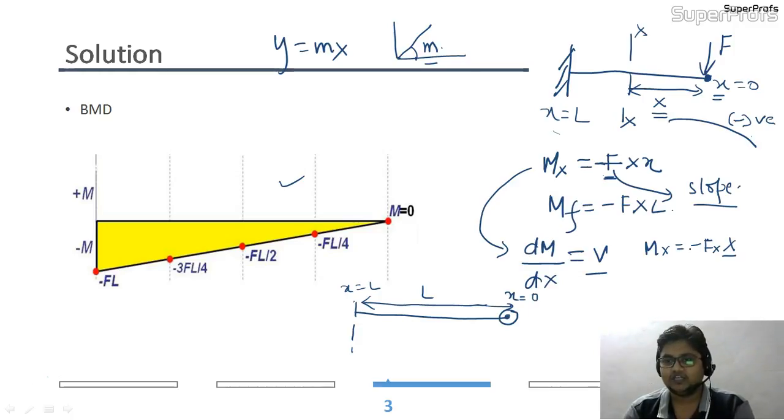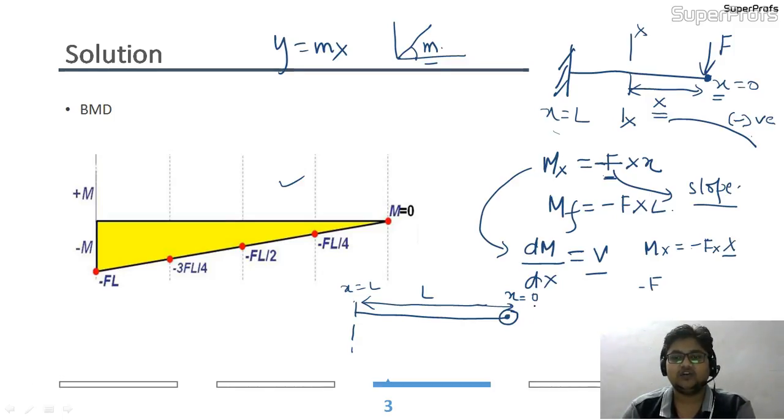At x equal to 0, it is 0, and the slope remains constant. The magnitude of the slope was minus F, so it was a negative slope that I was getting. As the beam is hogging, I have taken the negative sign, so I will draw my bending moment diagram below the reference line. Below the reference line, the diagram represents negative bending moment.